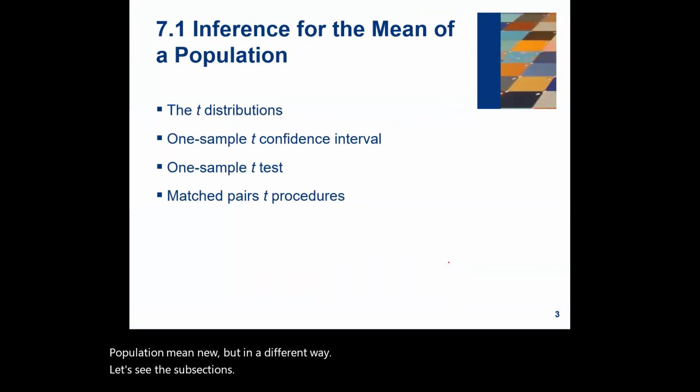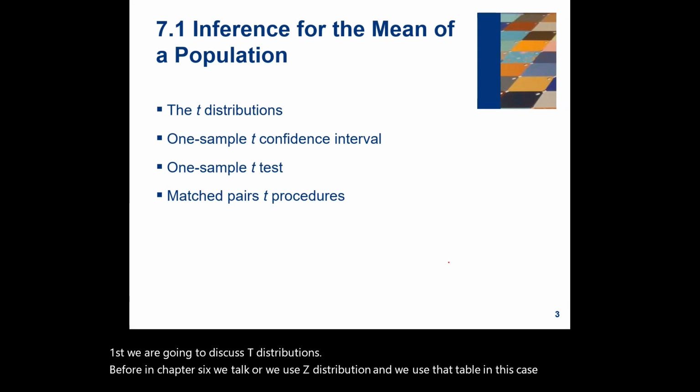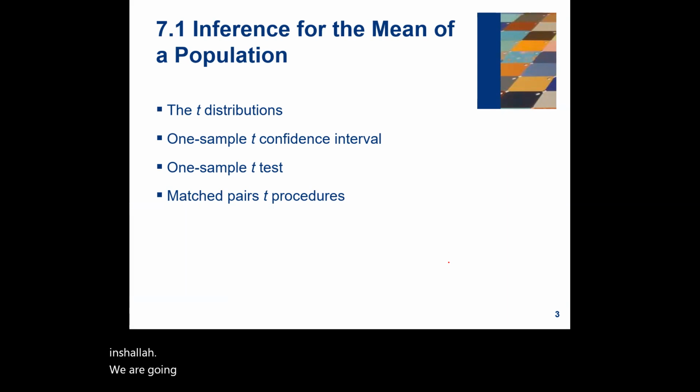First, we are going to discuss T distributions. Before, in chapter 6, we use Z distribution and we use Z table. In this case, inshallah, we are going to use T distribution instead of Z distributions.